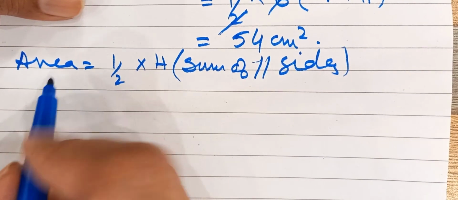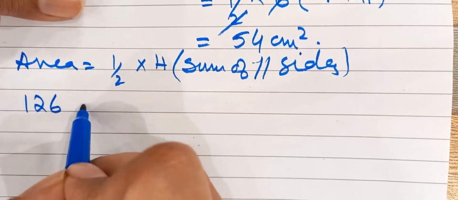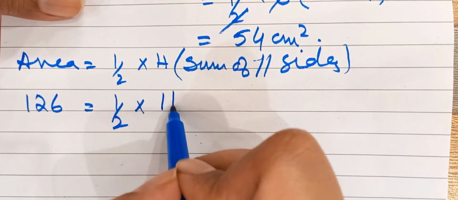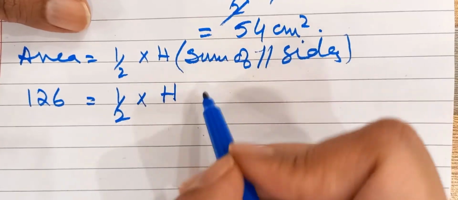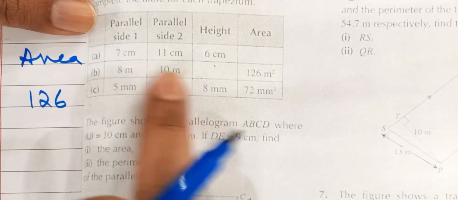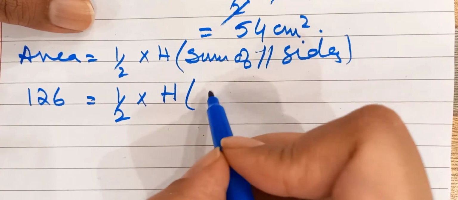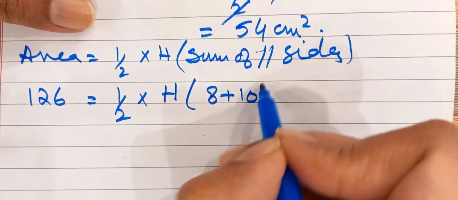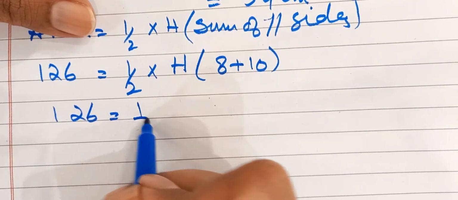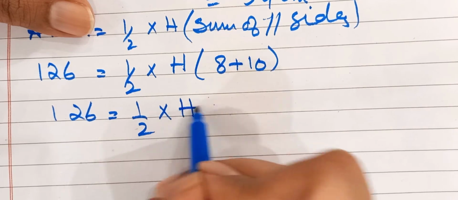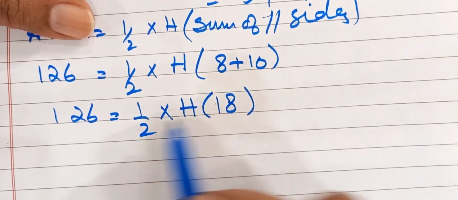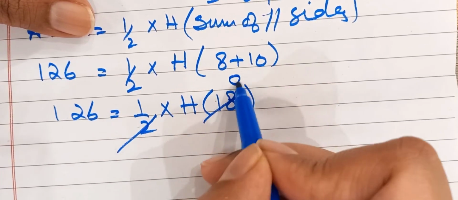Area they have given, which is 126. 1 by 2, height is unknown, so I will retain h for height. Sum of parallel sides they have given, 8 and 10, so I'll add them, 8 plus 10. So 126 is equal to 1 by 2 into h into 18.